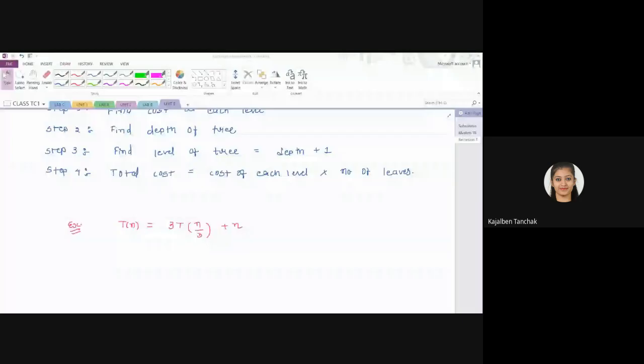That is the correct answer. Shivanand and Anjali, order of n log n. Correct, Janvi. Everyone quickly solve this example and tell me the answer. All 54 students.